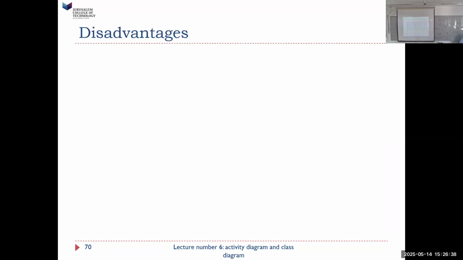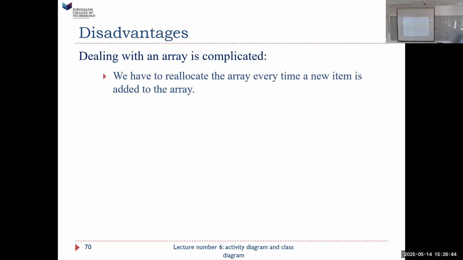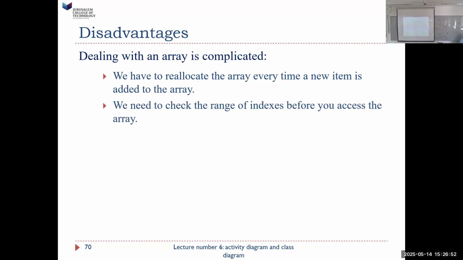Disadvantages. Dealing with an array is complicated. We have to reallocate the array every time a new item is added, because if the array starts off as size 1, then we have to reallocate to 2. We need to check the range of indices before you access the array. You can't just let him type any number.